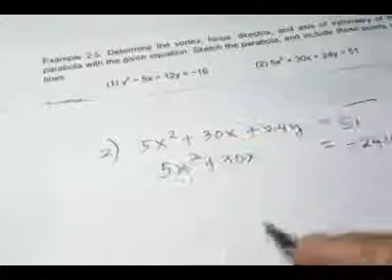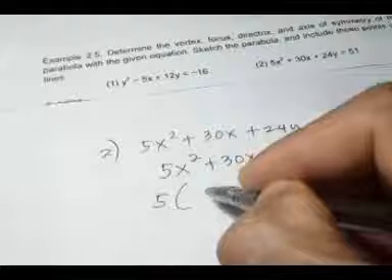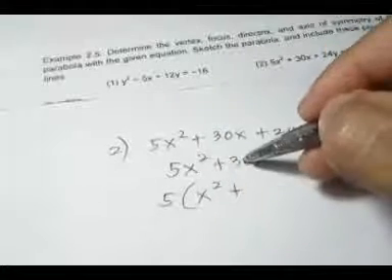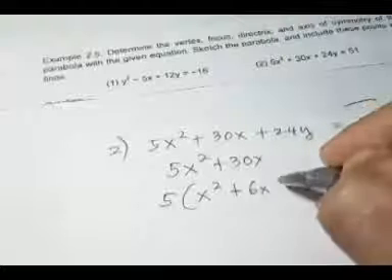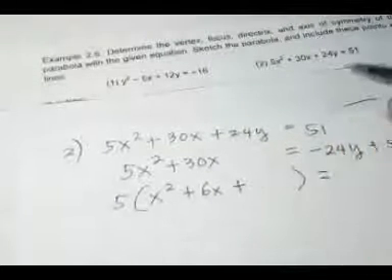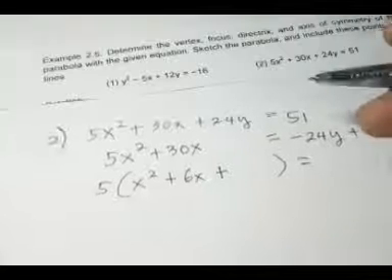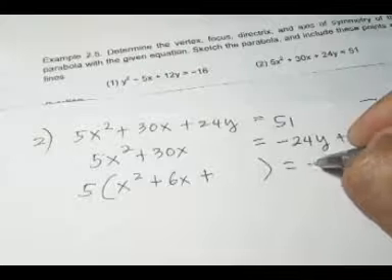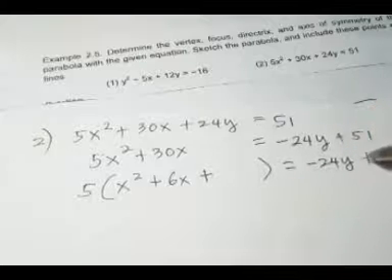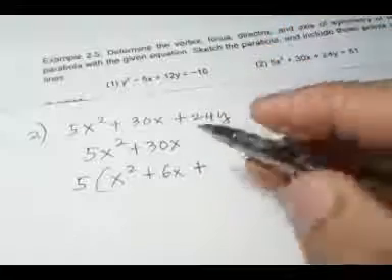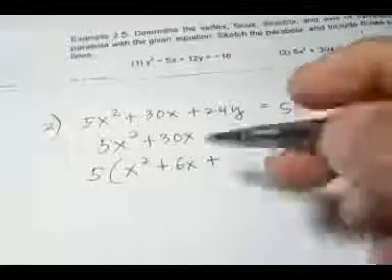Move 5 outside, so this is 30 divided by 5 is 6 plus something which will complete the perfect square, minus 24y plus 51. How do we complete the square?